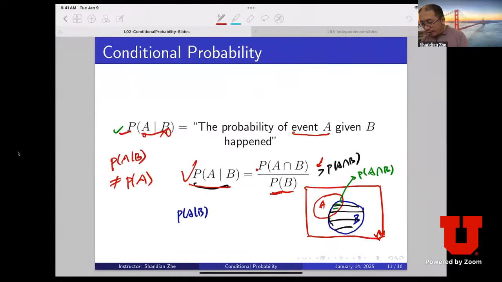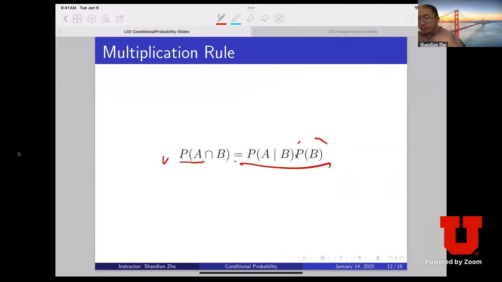And if we rewrite the definition of the conditional probability, if you multiply the denominator on both sides, we have another relationship here. That is, the probability of A intersection with B is equal to the probability of B times the conditional probability of A given B happens.